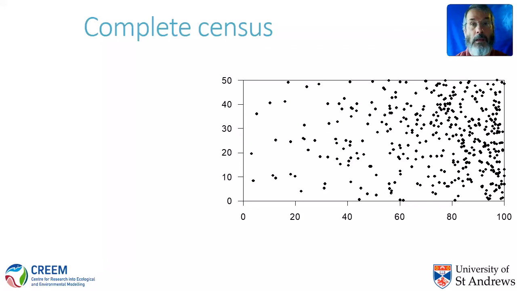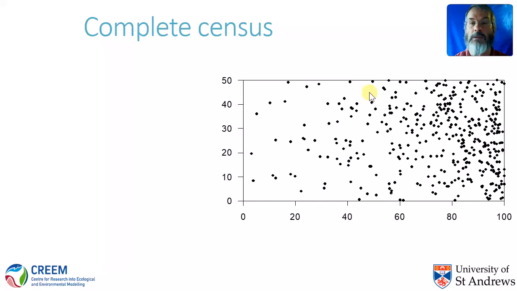So, the perfect way to try to figure out how many animals are in a population is to census them. In other words, count all of them. And the way we do that is fairly straightforward, but let me explain to you the details. Here we have a study area that in this case happens to be rectangular.